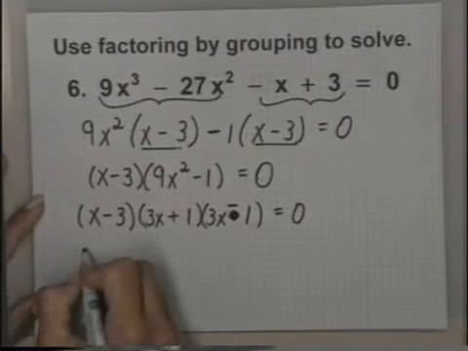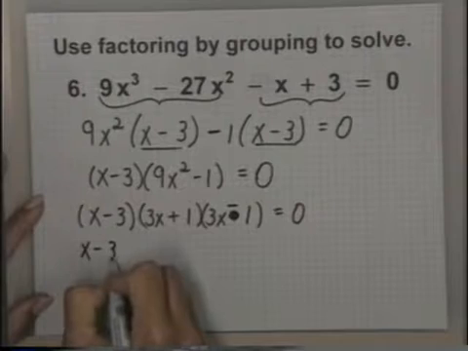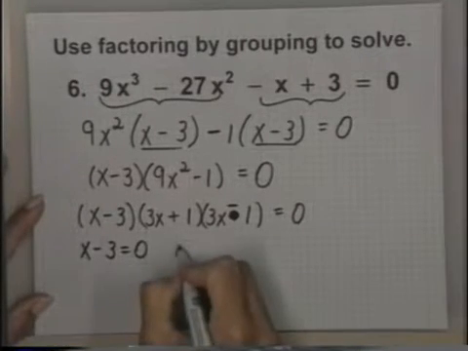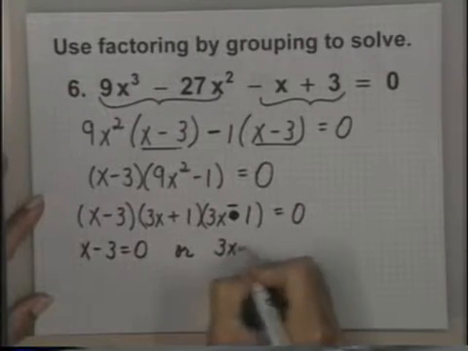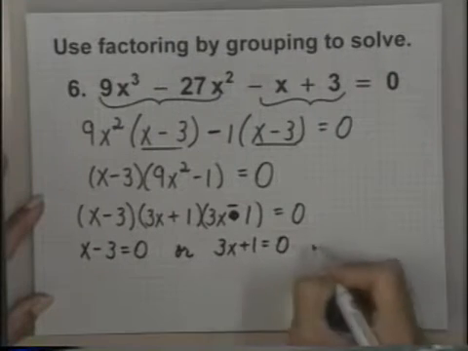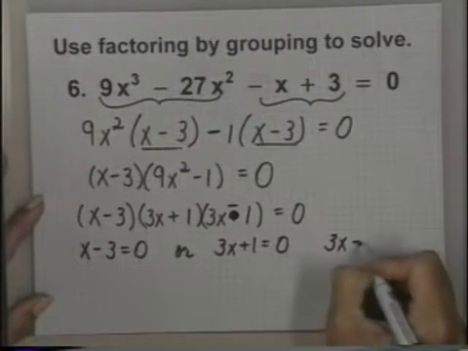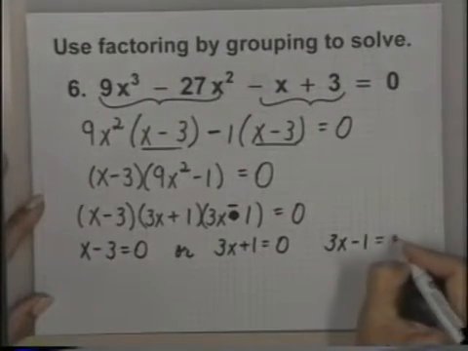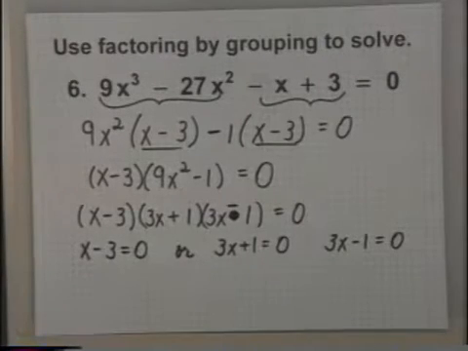So my zero product theorem says that either x minus 3 equals 0 or 3x plus 1 equals 0 or 3x minus 1 equals 0. These all 3 are linear equations.